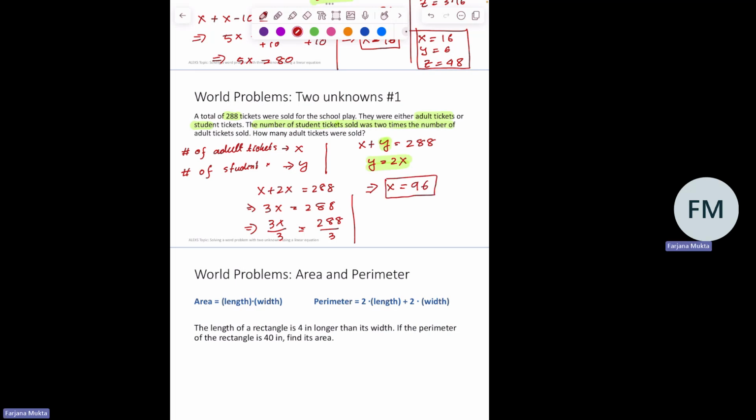The question wants us to find how many adult tickets were sold. So it's not necessary to find how many student tickets were sold, but we'll find that anyway. So y will be 2 times 96, which is 192. Right? Perfect.